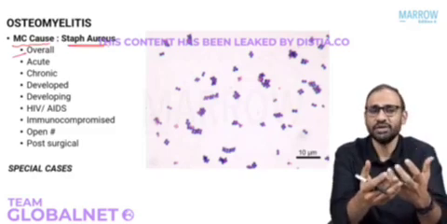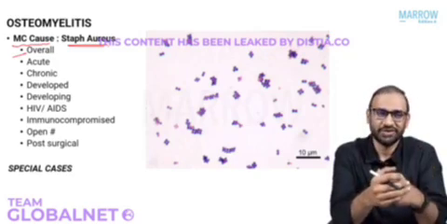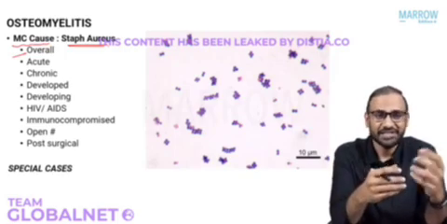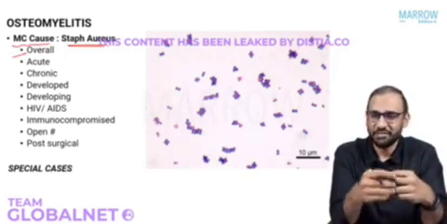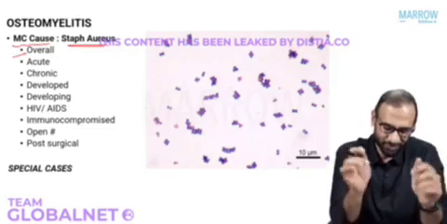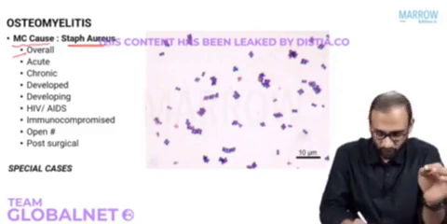They will say, what is the most common organism causing acute osteomyelitis or chronic osteomyelitis? Or what is the most common organism causing osteomyelitis in young children, in elderly, in males, in females, in Indians, in Americans, in Europeans? The answer will most of the times remain Staphylococcus aureus.